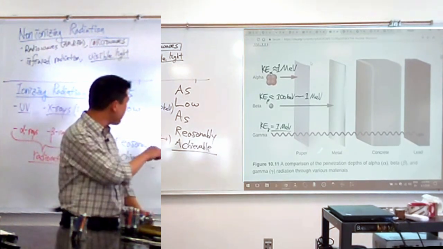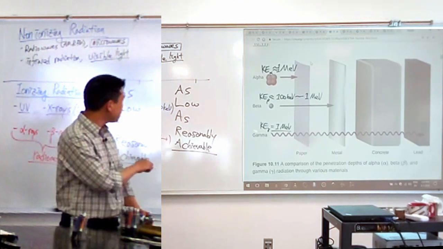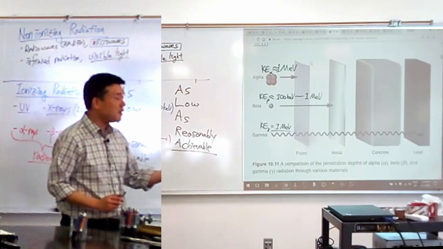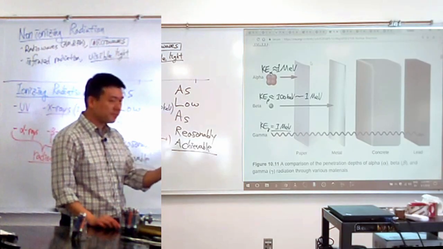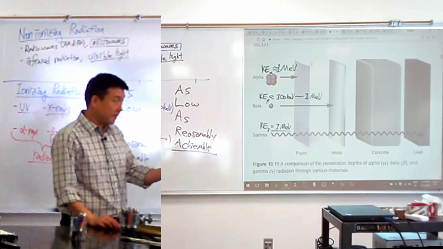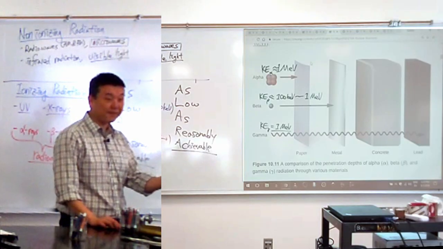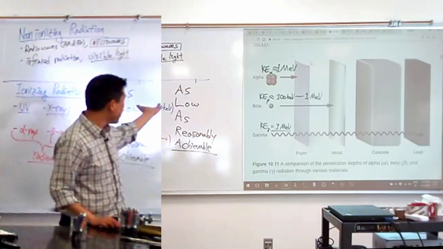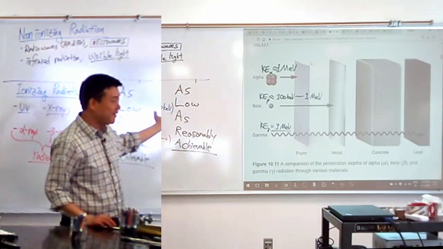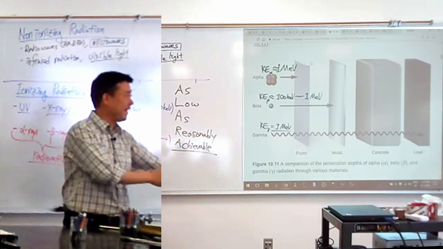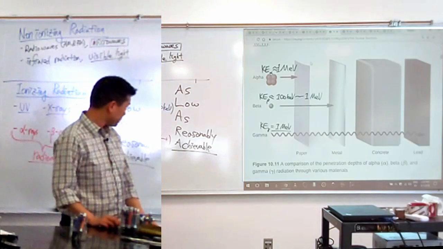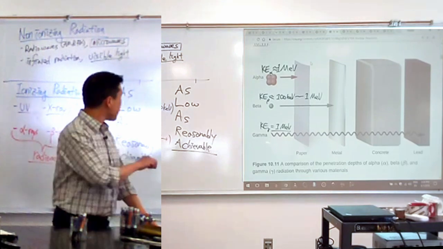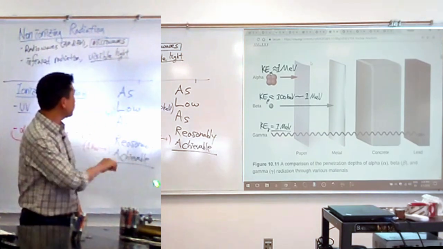If we are dealing with 1 MeV, to reduce the amount of gamma rays by a factor of 10, I think you need a thickness of about 1 centimeter of lead, which is not small. And if you have to reduce it by a factor of 1,000, then you need now inches or feet of lead instead of just a centimeter. So that's how these particles are characterized.